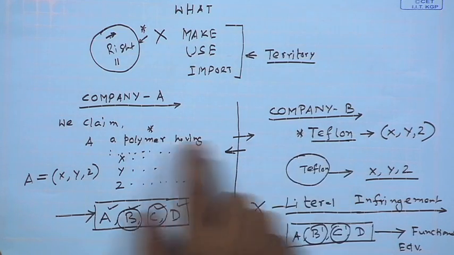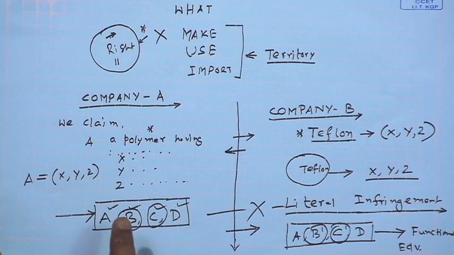Whether A is here A, by virtue of Teflon and polymers, or B is here B bar, C bar, D bar, then you compare the equivalency in their functionality, and you will be able to properly analyze the patent infringement.